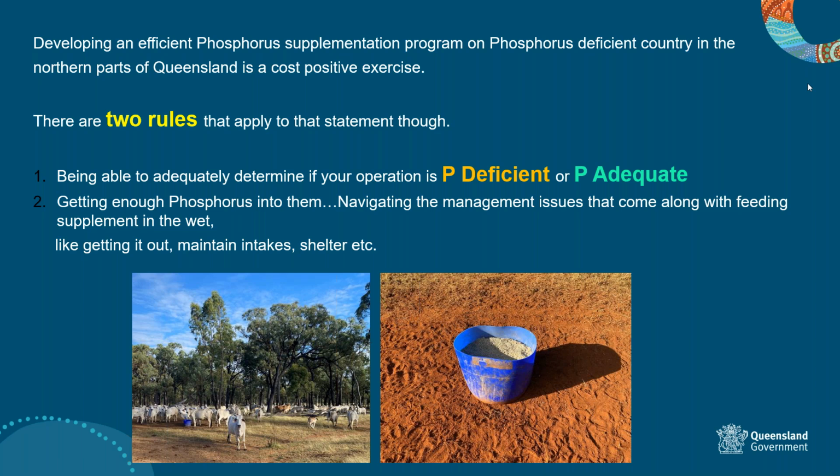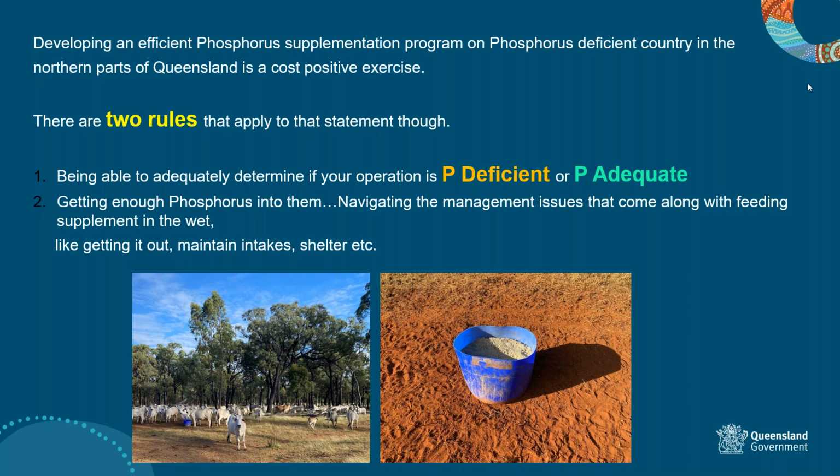There's been quite a few good regional economic summaries done of the north. It's a tricky part of the world to raise cattle at a profit, and our cost positive exercises may be a little bit more limited than our fairer cousins down south.